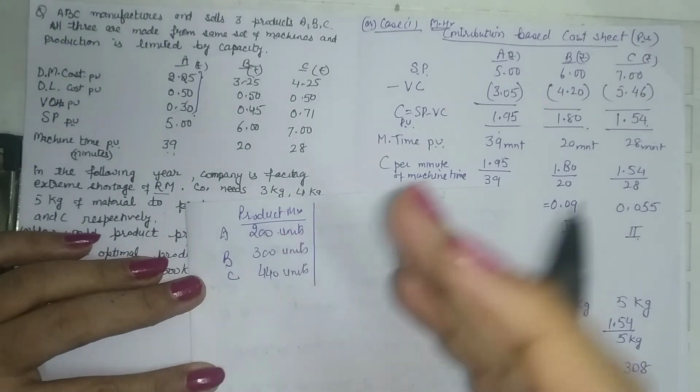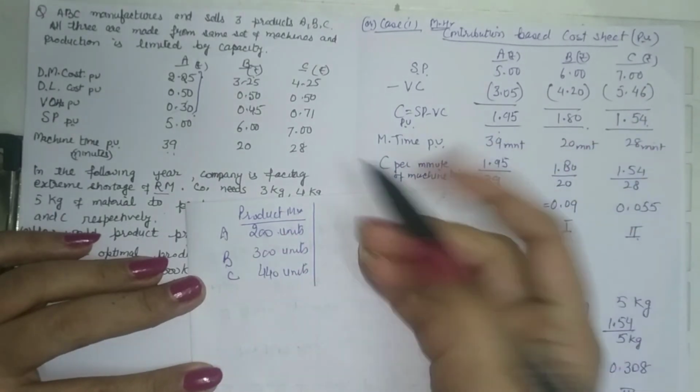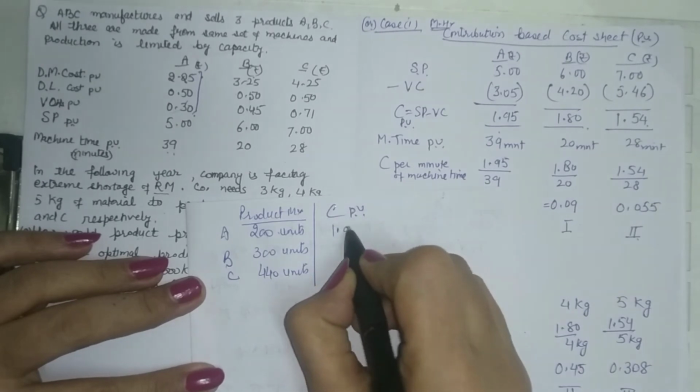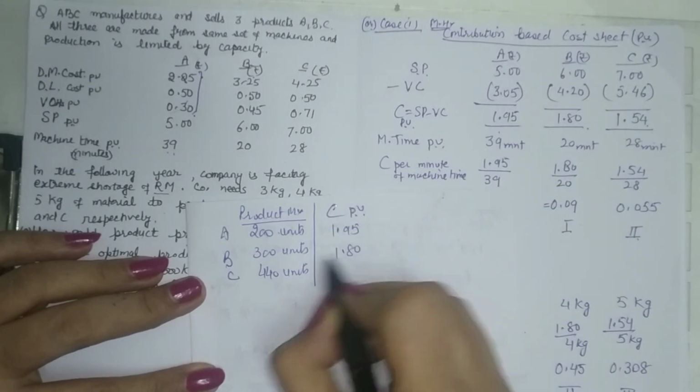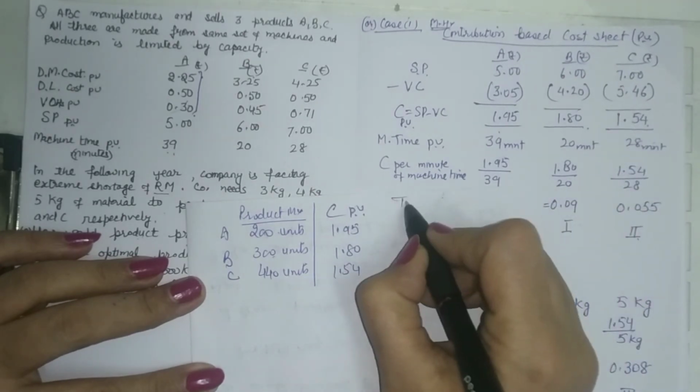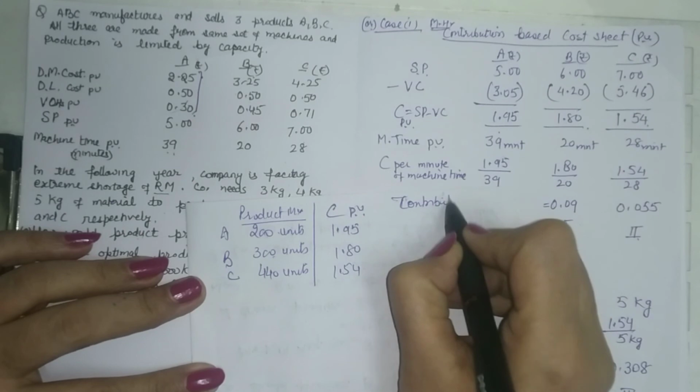Now if your question asks further to calculate total contribution, then you can make further calculations. Contribution per unit is 1.95 for A, 1.80 for B and 1.54 for C. So you can multiply the two and calculate contribution.